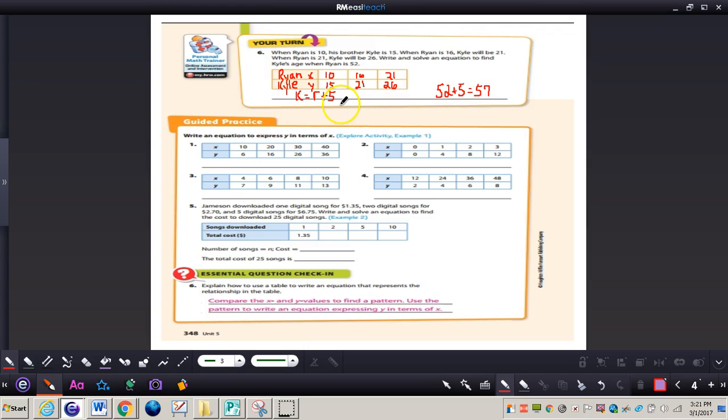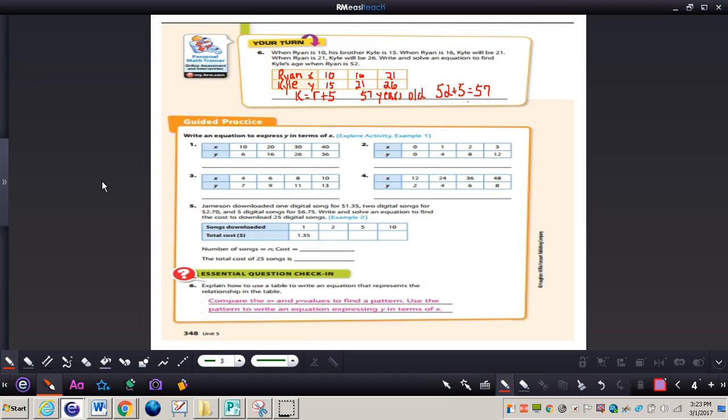So we wrote the equation, and then we can also write the final answer. How old will he be? We can say 57 years old. And you can see we already justified that in solving the problem. In other words, we plugged in numbers for our equation. So Ryan's age plus 5, 52 plus 5, equals Kyle's age when Ryan is 52.